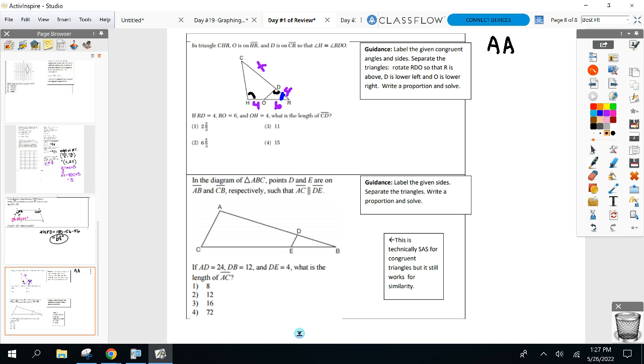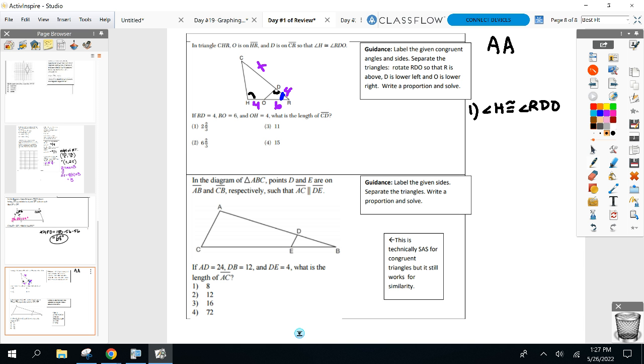So here is a strong piece of advice I would take. How do I match up the sides? Figure out, write down what the congruent angles are. So we already know from the givens, angle H is congruent to angle RDO. So that means the sides across from them correspond to each other.